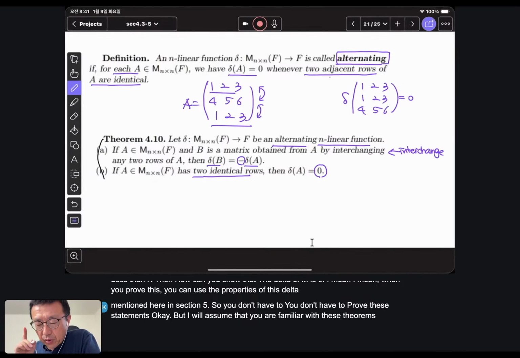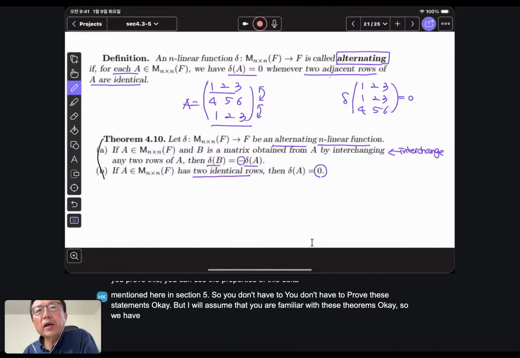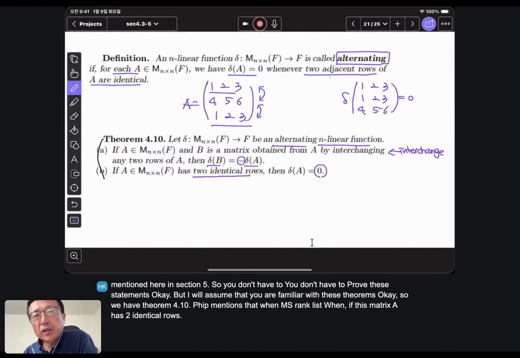So we have theorem 4.10, which mentions that if this matrix A has two identical rows, then its delta value will be 0.